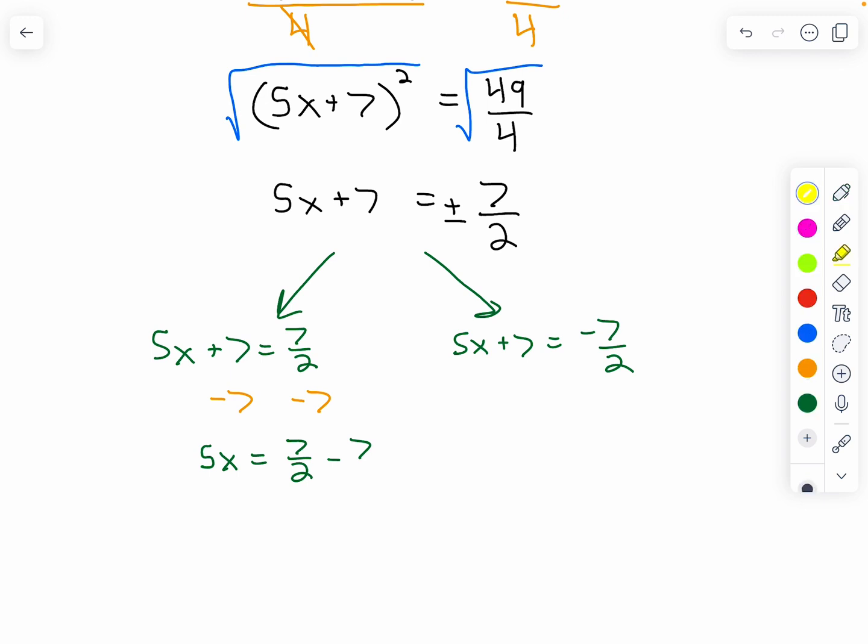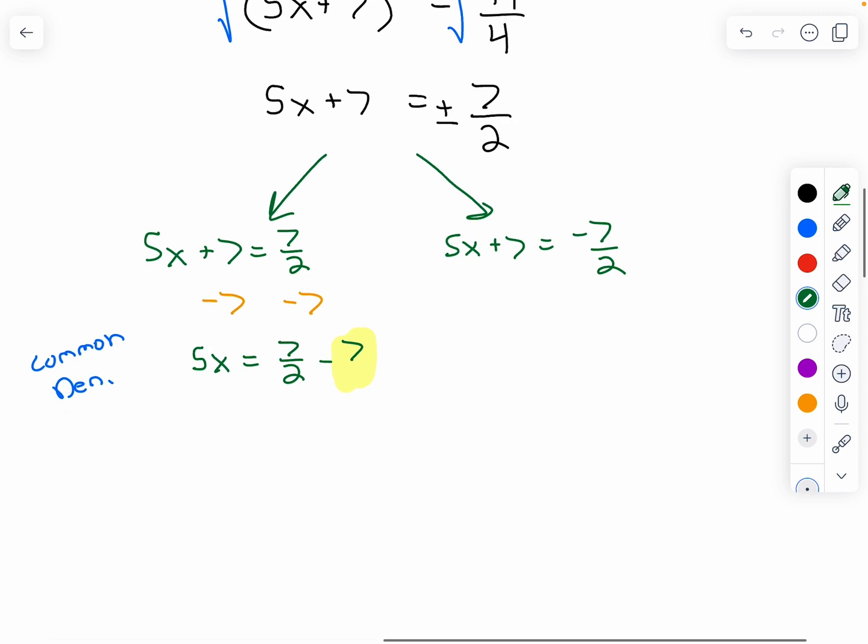Well, for a moment here, I'm going to focus on this value right here. Because in order to do subtraction with fractions, we need to have a common denominator. So I'll create a common denominator by multiplying that number 7 by 2.